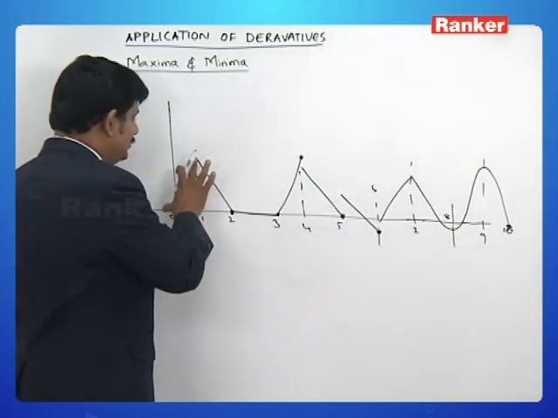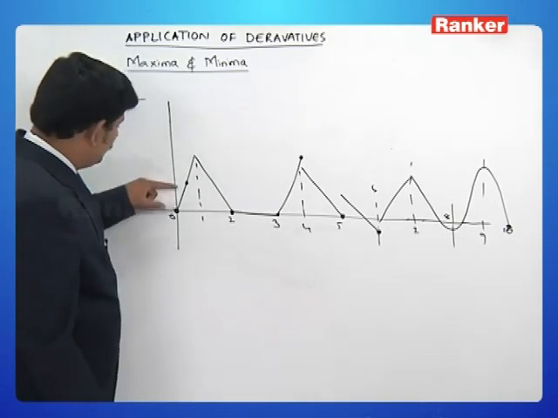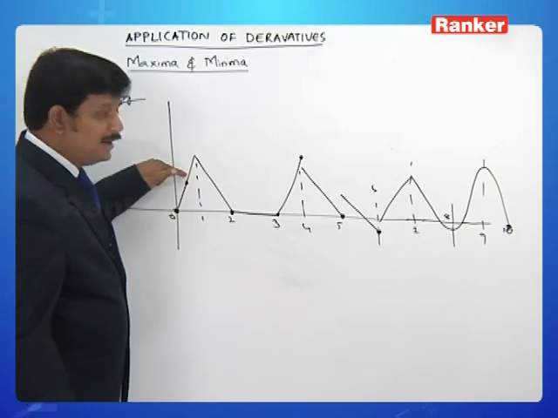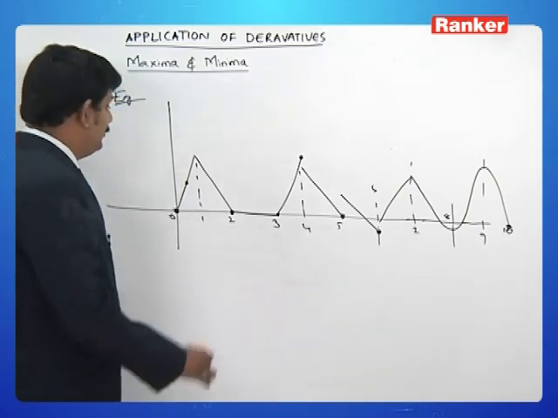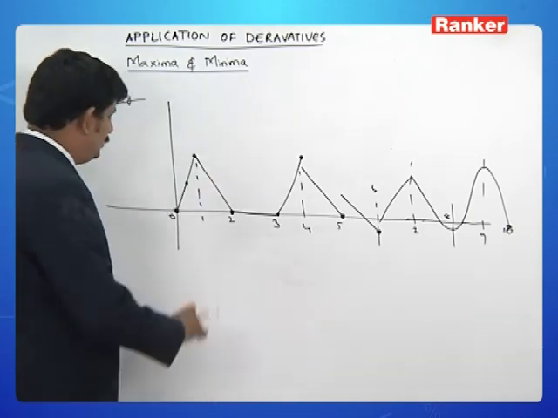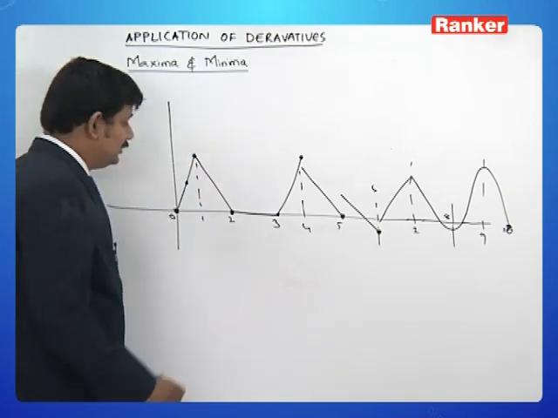No point in between 0 and 1 is qualified to be local maximum or local minimum. Values to the left are smaller than f of x naught, values to the right are more than f of x naught, so it is neither a maxima nor a minima. If you observe this point 1, f of x naught is y coordinate at this point at the peak.